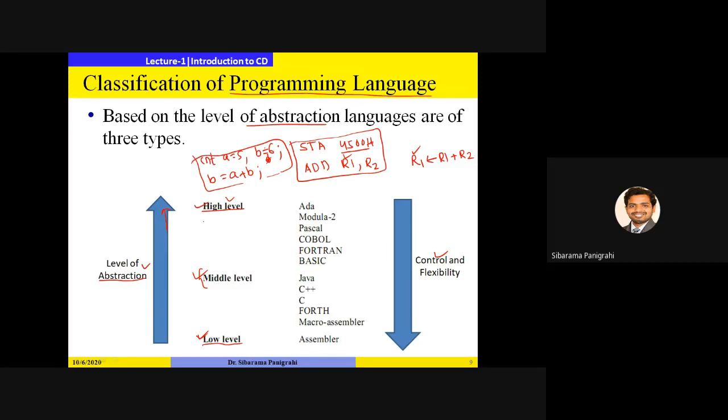So in high level language, the level of abstraction is pretty high, whereas in low level language, the level of abstraction is pretty low. Regarding control and flexibility, if you want to operate at bit level, you can do that in low level languages, whereas you can't do that in high level languages.